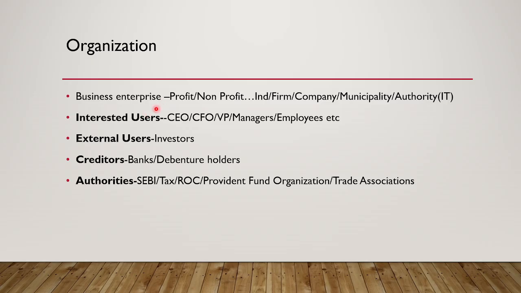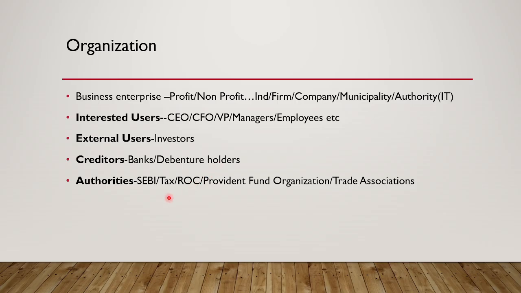So as I told you, here the interested users are like CEOs, CFO, VP, managers. They are the internal users who are interested in planning, and they will be interested in that planning and taking the decisions. External, as I told you, investors, creditors, banks, they'll be interested to know whether we'll be able to repay their loans with principal and interest.